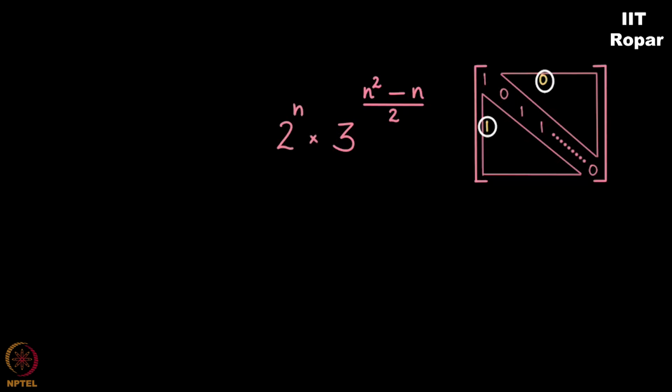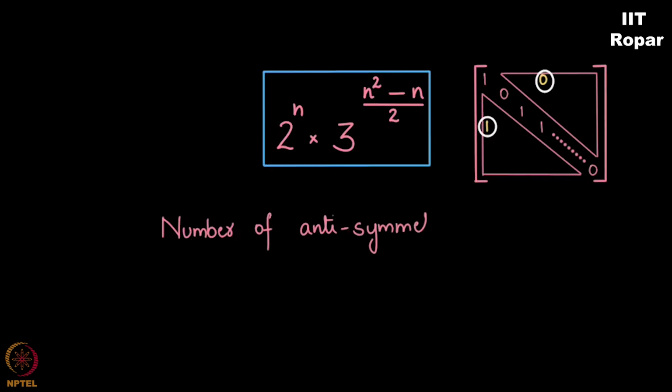So you have to multiply this huge possibility of 3 to the power of (n square minus n)/2 with 2 to the n, thus making the answer 2 to the n times 3 to the power of (n square minus n)/2. And what is this? This is the answer for the question: how many antisymmetric relations can one think of on a set with n elements? The answer happens to be this.